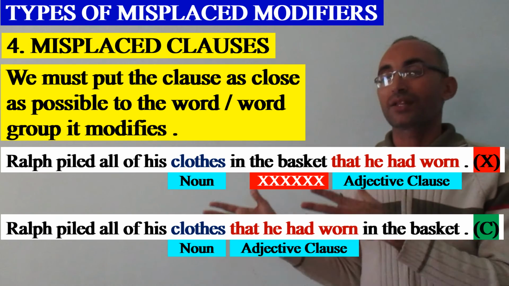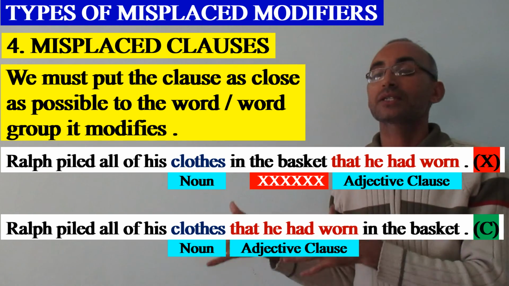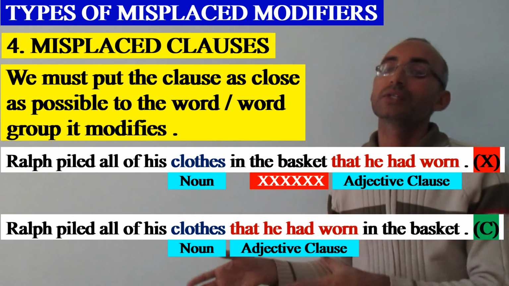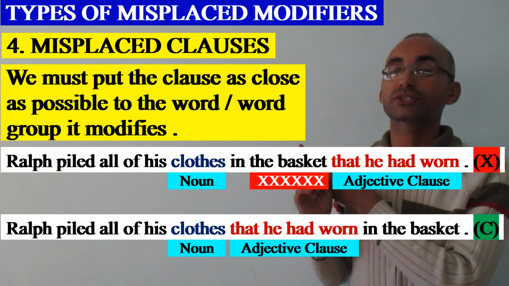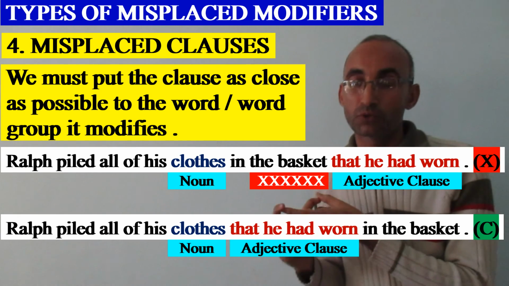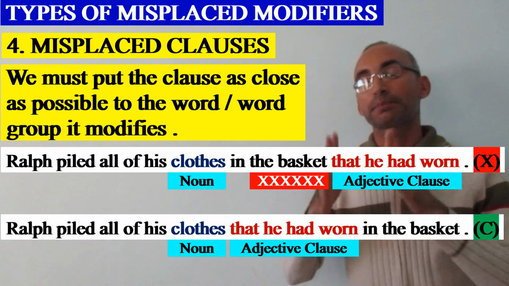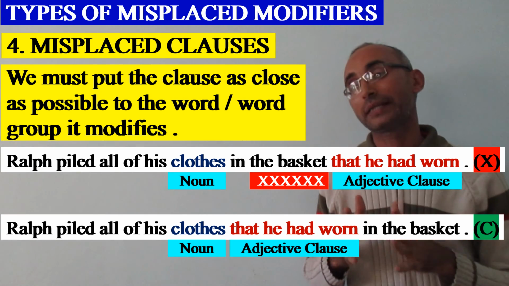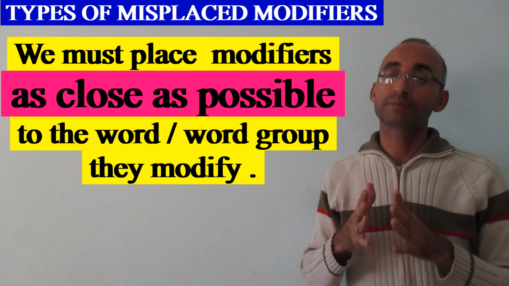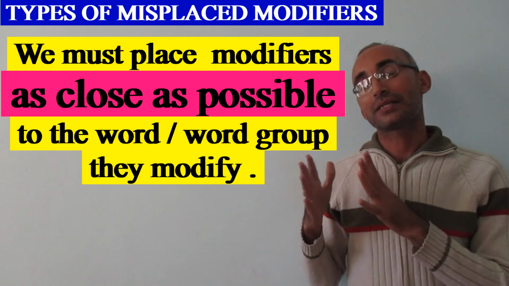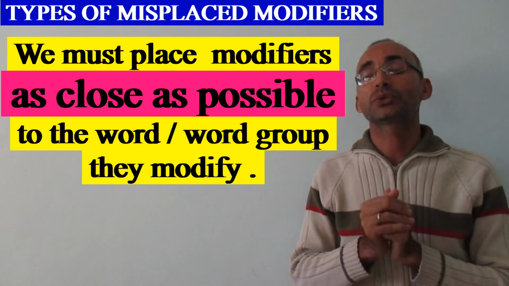Now here, my clause is in the right position, right after the noun it modifies, and it refers to it. Clear? So we must always be careful about the position of our modifiers, and we should always place them correctly as close as possible to the item or the word group they modify, of course, in the light of the structures we have learned together.